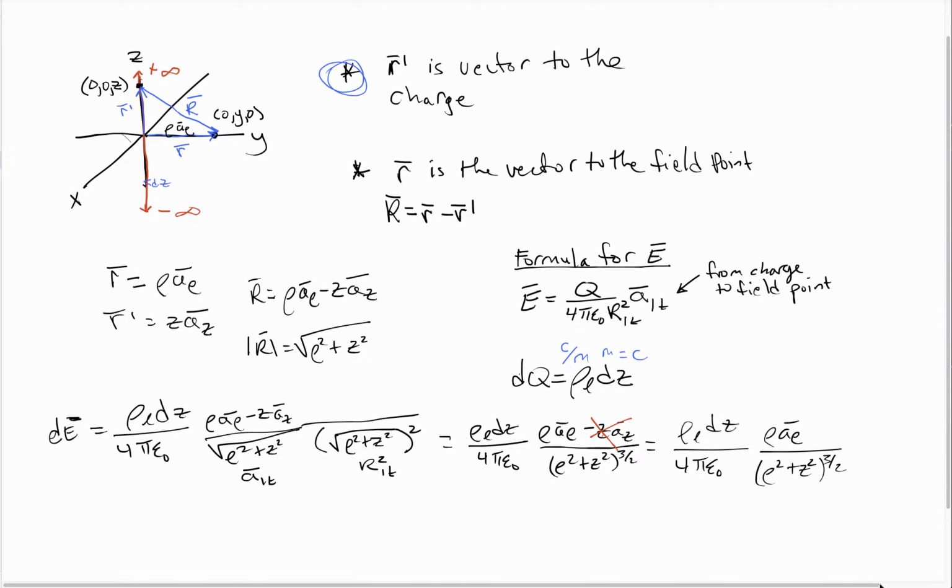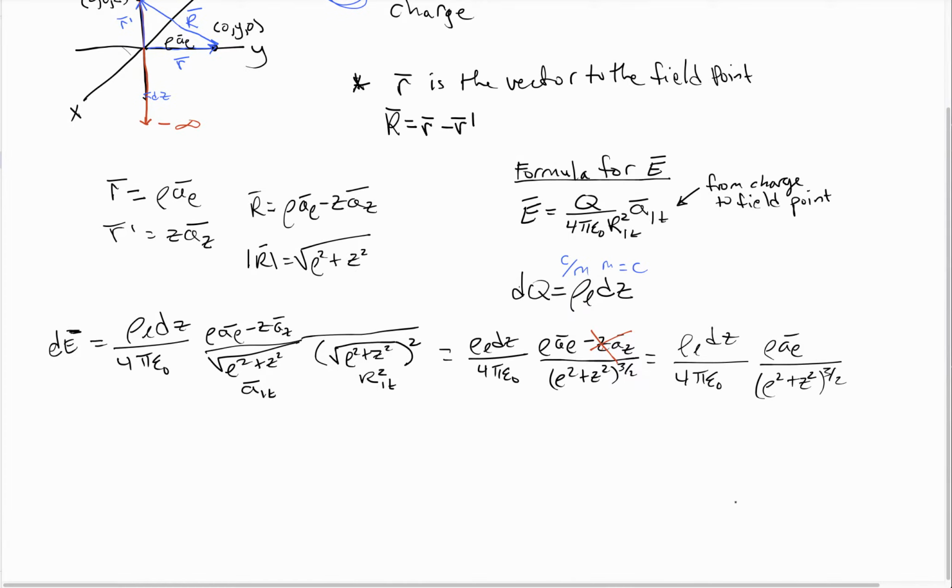And now we can calculate E. Now we said z goes from negative infinity to infinity, and then we put in that same stuff again, rho L dz over 4 pi epsilon 0, rho a rho over rho squared plus z squared to the 3 over 2.